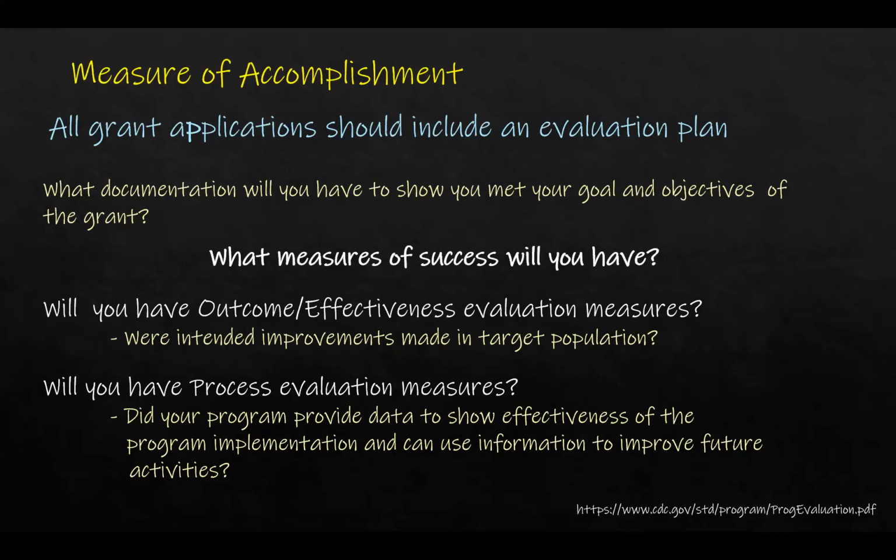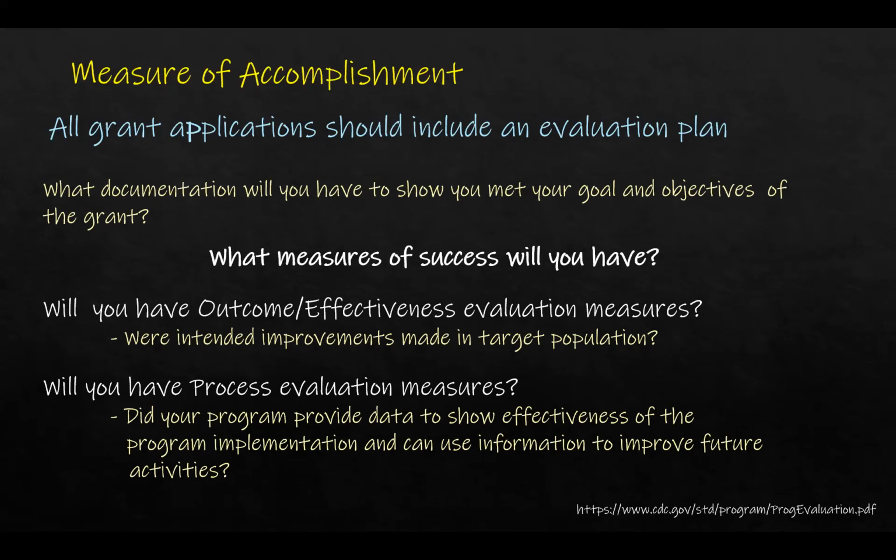Were the intended improvements made in the target population? Can you show that your target population benefited from the intended improvements that you made? Do you have process evaluation measures that you can do? Did your program provide the data to show effectiveness of the program?